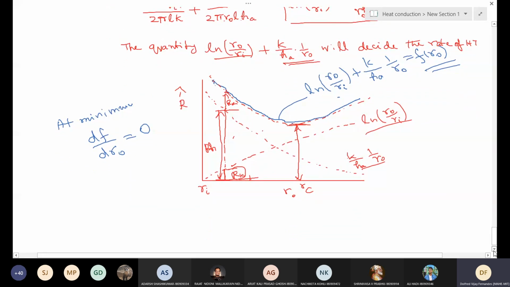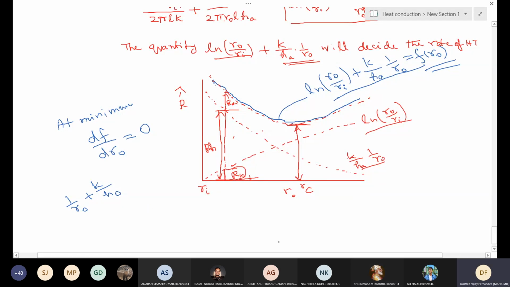So you have the equation here. You differentiate this, can you tell me quickly what you get? If you differentiate ln with respect to r0, you get 1 by r0. Here you have confusion about why ri is not there.